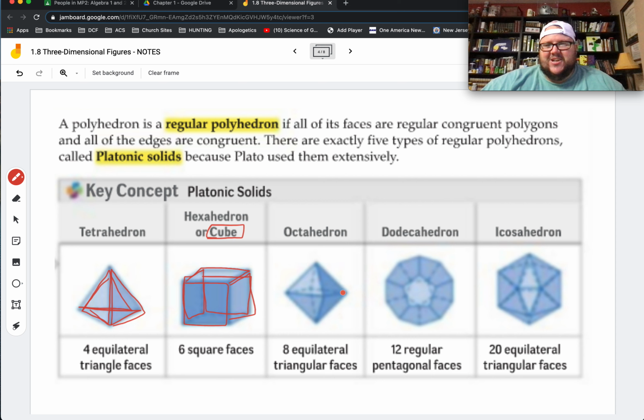That's a lot, but that's an octahedron. Dodecahedron is 12 regular pentagonal faces. And then you have icosahedron, and that's 20 equilateral triangular faces. Just cool to know, but nothing too crazy.